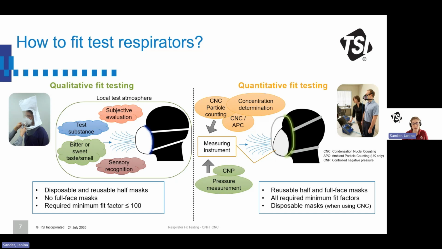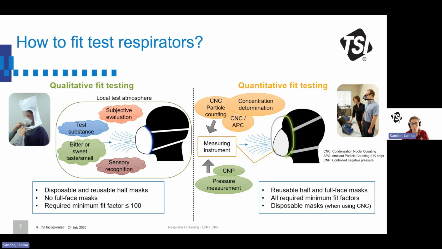Both are quantitative fit tests, but therefore we split it up into quantitative fit testing CNC technology, what I will talk about today. CNC is condensation nuclei counting, also called APC, ambient particle counting, in the UK area. Both terms describe the same measurement technology and procedure where we perform a concentration determination inside and outside the mask.